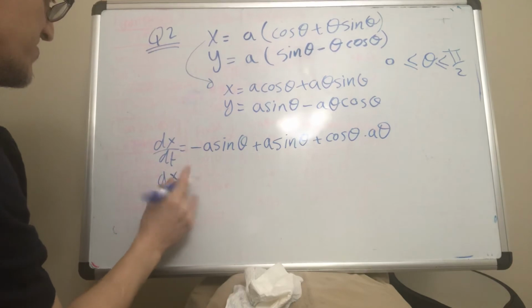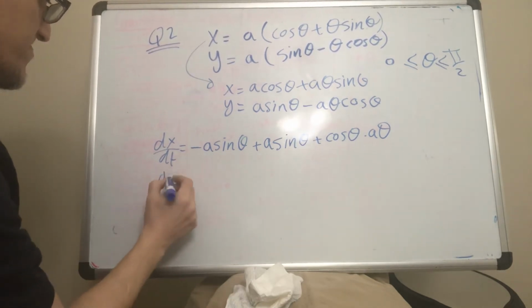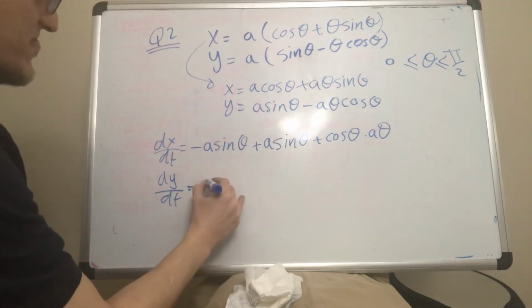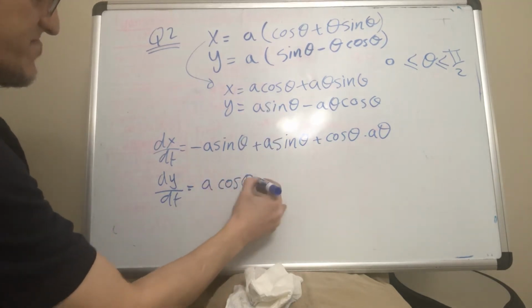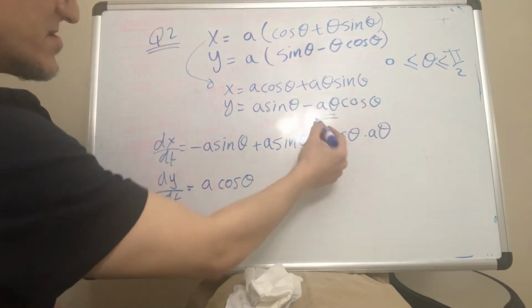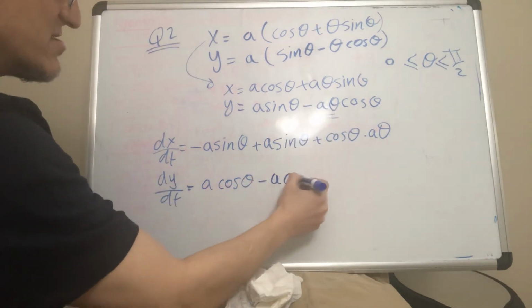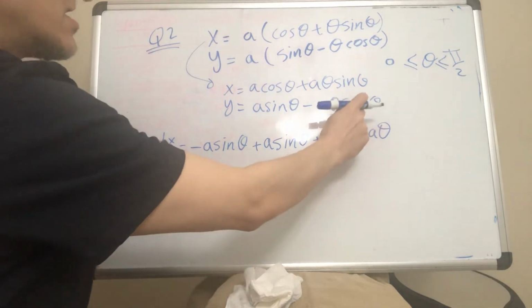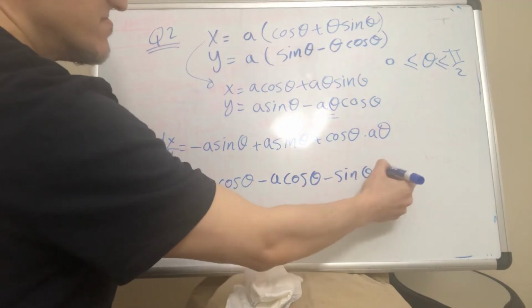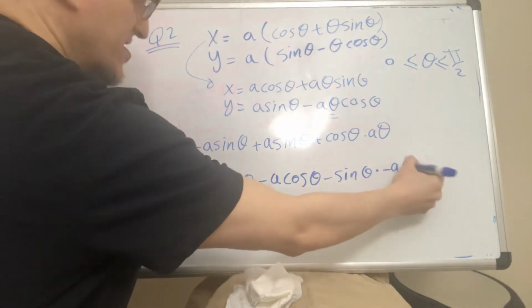Then we do dy over dθ. Derivative of this would be a cosine theta, and the derivative of this, product rule. Derivative of the first one is minus a times cosine, and derivative of cosine is minus sine times minus a theta.